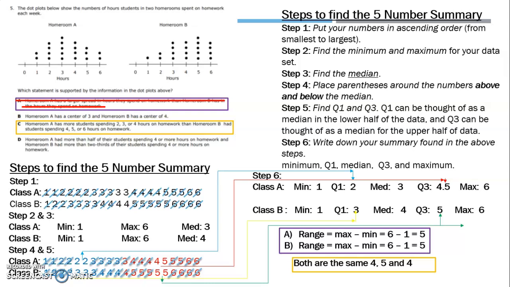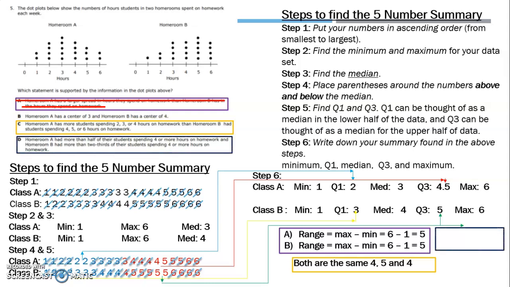Right? So 13. And then for B, 4, 5, and 6 had 4, 5, 6, 7, 8, 9, 10, 11, 12, 13. Both of them are 13. Both have the same. Okay? So both have 13. Nothing different.